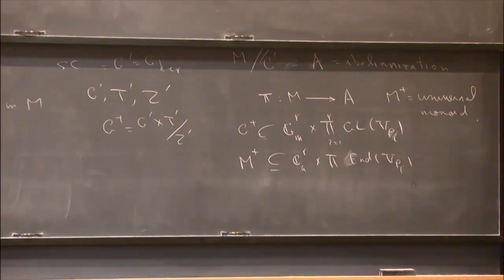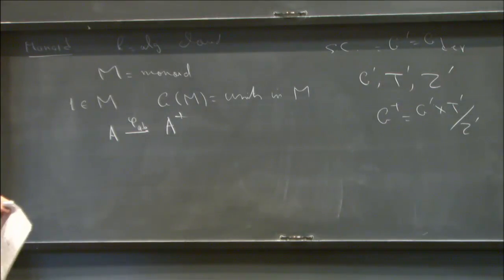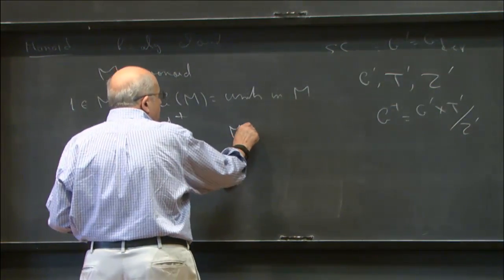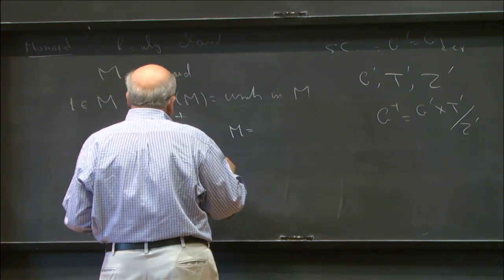Now, given a map from your abelianization to the abelianization of this M plus, which I call phi AB from A to A plus, you can produce a monoid M, which is just a fiber product of this.